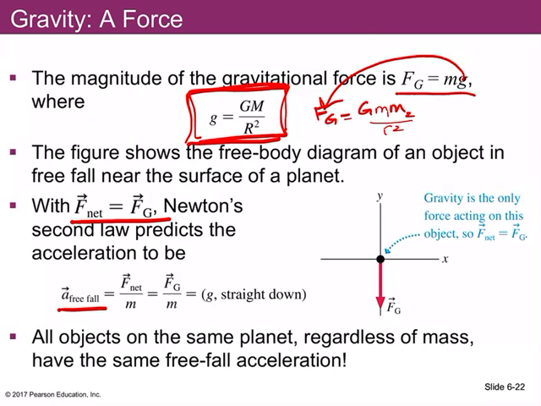And assuming gravity is straight down, all objects on the same planet, regardless of mass, have the same free fall acceleration, which I think I kind of showed one day with maybe like a ball of paper and a book. For the most part, that is definitely true, especially if it was like in a vacuum situation. Again, though, if you are experiencing any kind of air resistance or some sort of friction, it could cause a little bit of difference.